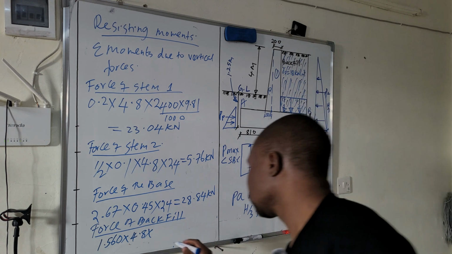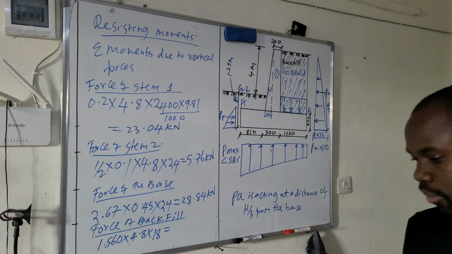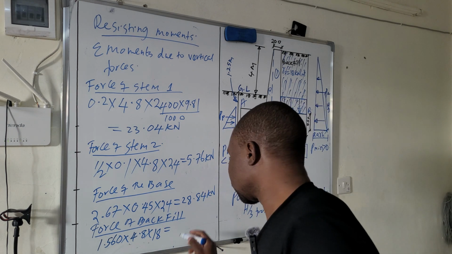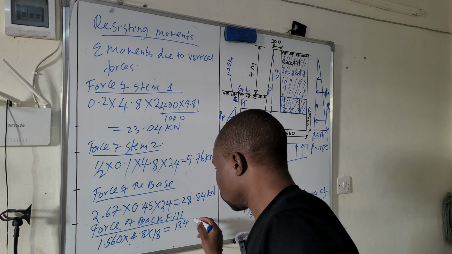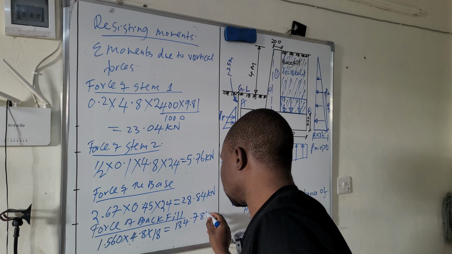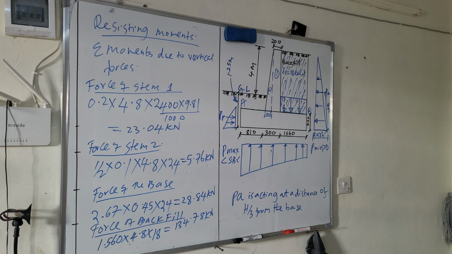So times 18, then you will get 134.78 kilonewton.